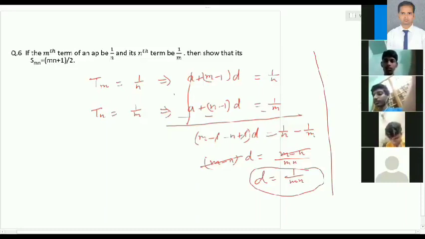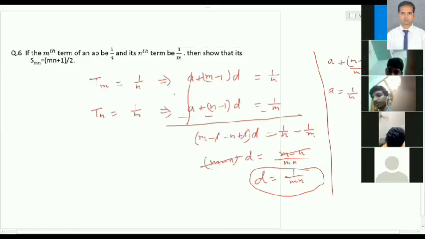Okay. Similarly, we can find a also. How to find a? Substitute the d value in any one of these equations. Let's say I will take the first one. Then a plus m minus 1 into d, where d is 1 by mn, will be equal to 1 by n. Then the a value will be 1 by n minus m minus 1 times 1 by mn.